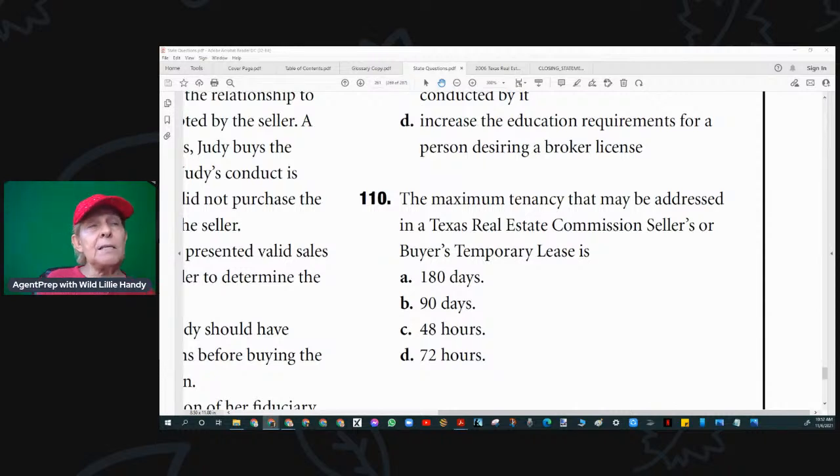So if you've got a seller that needs to lease back the property after they sell it, what is the maximum amount of time that they can lease that property from the new owner? And vice versa. How long can a buyer lease a property prior to closing with the seller? There's a maximum allowable time.